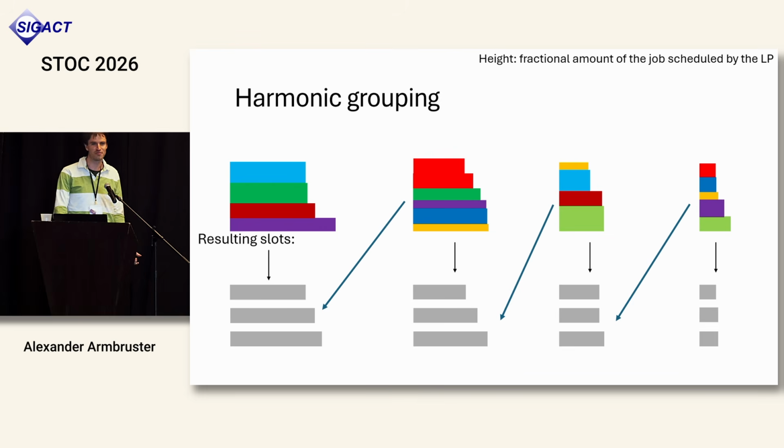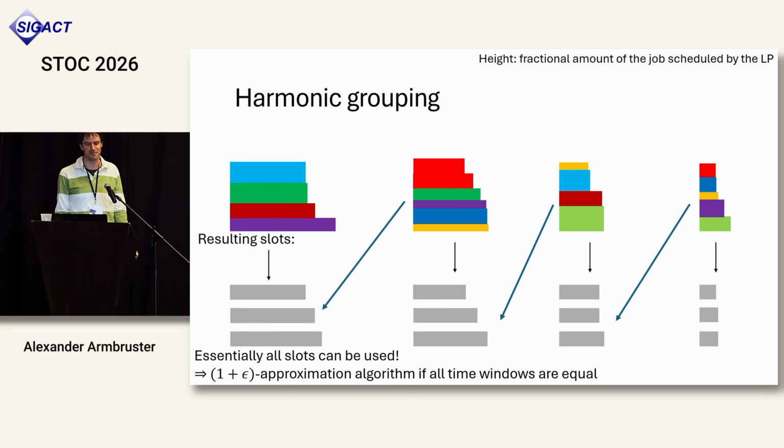Because it's only 1 over epsilon many groups, we essentially filled all of the slots. And this means that we get a 1 plus epsilon approximation, because the number of slots we get in expectation is exactly the LP objective. So this idea shows that you get a 1 plus epsilon approximation under these circumstances.